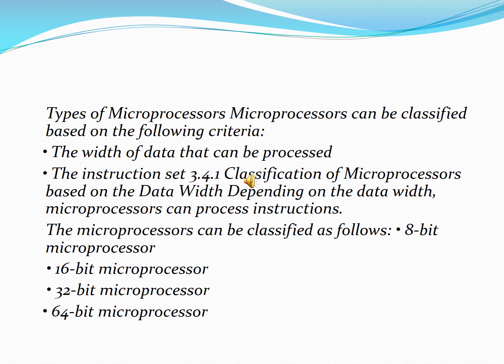Computers supporting CISC can accomplish a wide variety of tasks, making them ideal for personal computers. Examples of CISC processors: Intel 386 and 486, Pentium, Pentium 2, Pentium 3, and Motorola. You should mark that example. This is important.